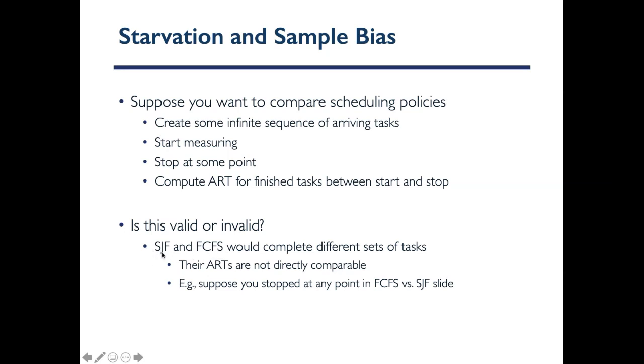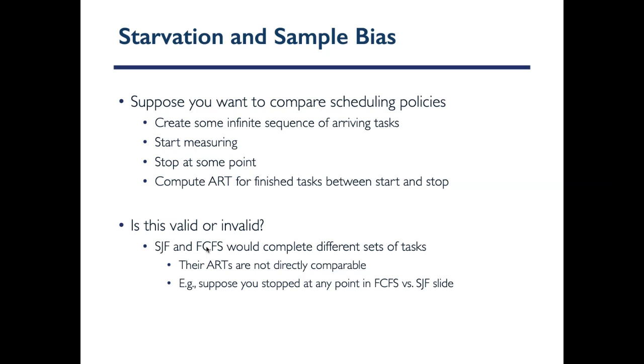The tasks that SJF would finish in the same duration of time might be different than the tasks that FCFS would finish. So each one of these policies would finish different tasks, and the average response time that you calculate is for those tasks. What about those tasks that SJF never ran, or those tasks that FCFS didn't run?